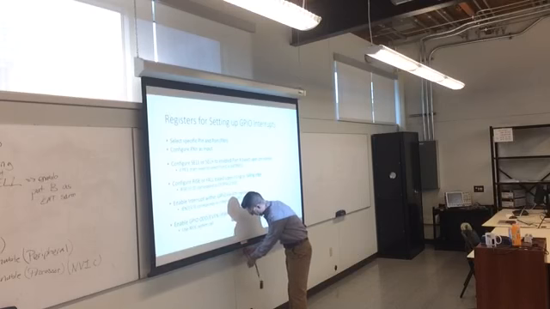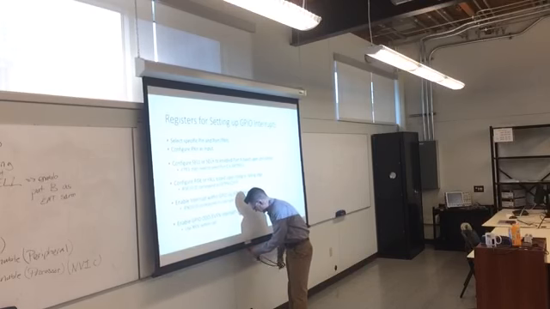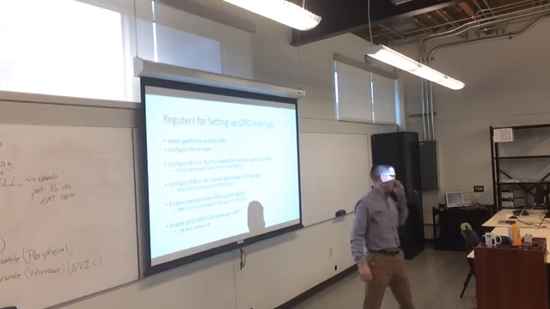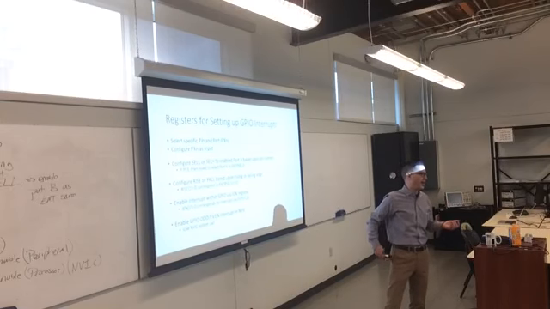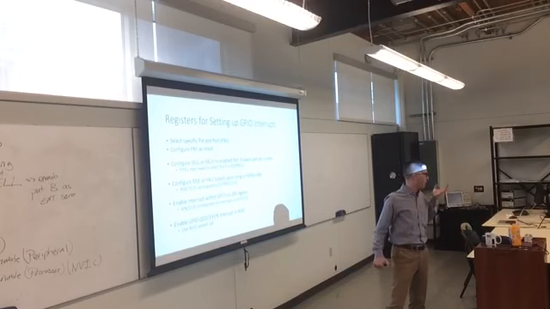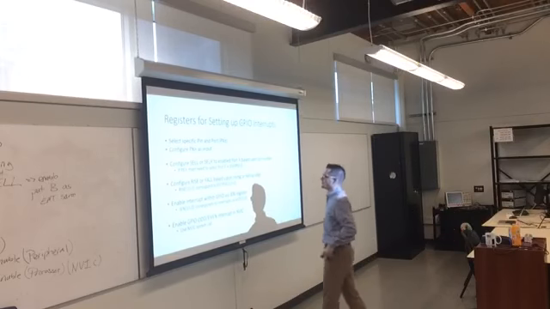Once you've done that, and again, all this lovely code that you have to write, you need to pick either rising or falling edge for your interrupt source. If you don't pick rising or falling edge, nothing's going to happen because these are not level triggered interrupts.